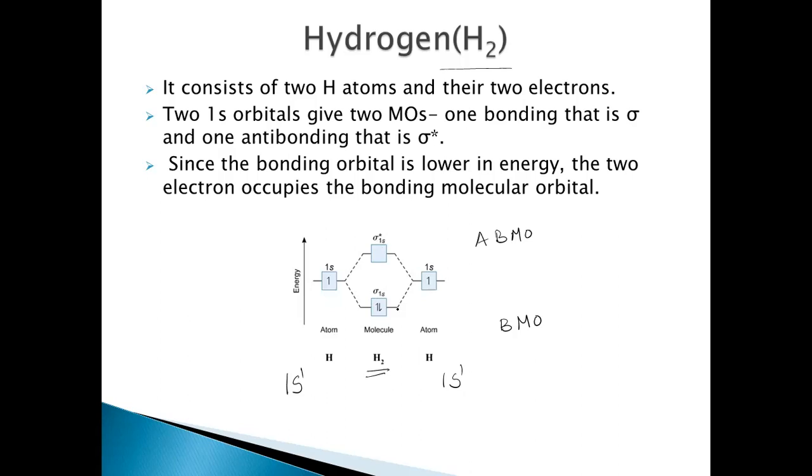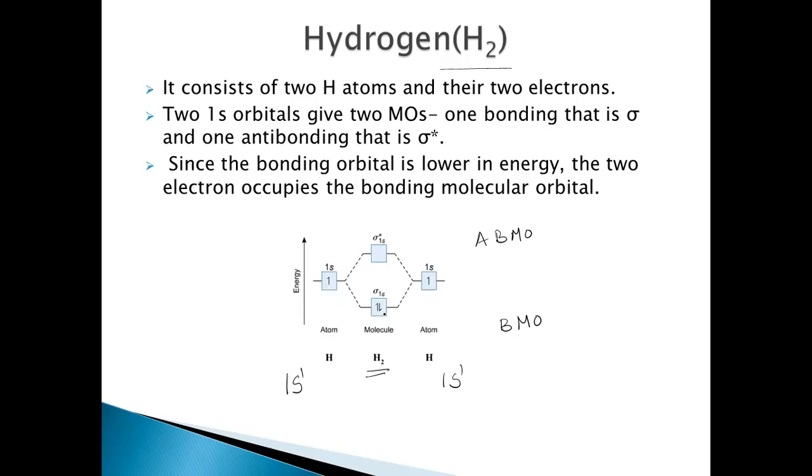So when we come to the filling up of the electrons in these two molecular orbitals, each atom is contributing one electron. The two electrons first enter the bonding molecular orbital. Here sigma 1s and sigma star 1s are the molecular orbitals formed by the combination of two 1s orbitals of two hydrogen atoms.